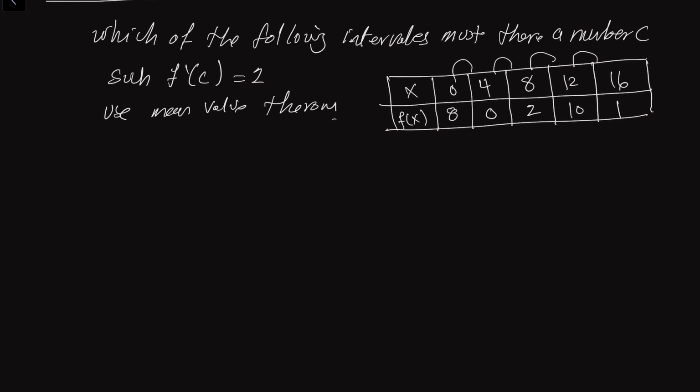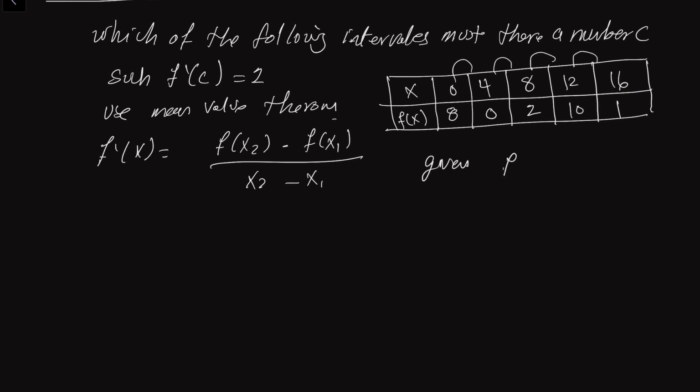Okay, what's the mean value theorem say? It says f dash of x equal f of x2 minus f of x1, function at point 2 minus function at point 1, over x2 minus x1. Okay, and we already know, it's a given, that f dash of c equal 2.